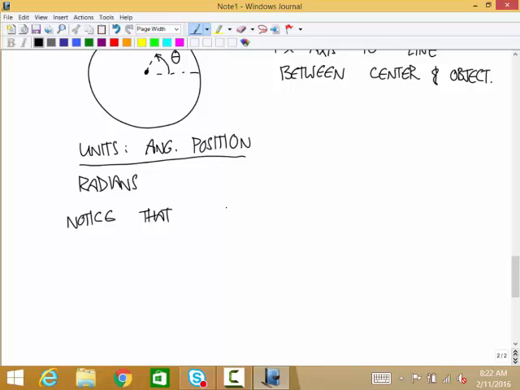And so you could represent theta as a function of time. And if you have theta expressed as a function of time, you can take time derivatives of it, and that's how we're going to come up with the definition of the angular velocity and the angular acceleration. They're just going to be time derivatives of the angular position.